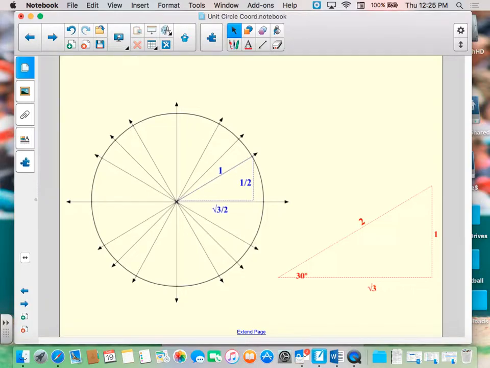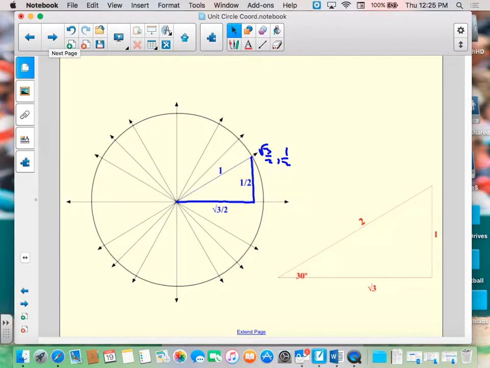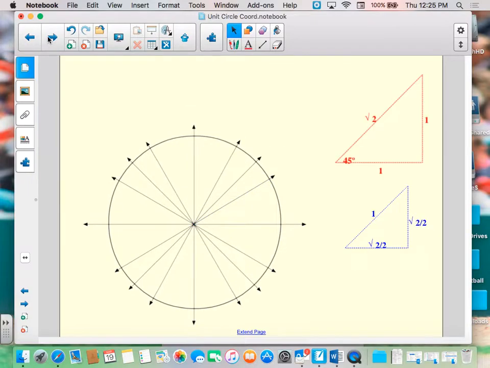That's how you get that point. You are going to the right square root of 3 over 2, and you're going up a half. So we took that triangle that was 1, 2, square root of 3, and we cut it down.